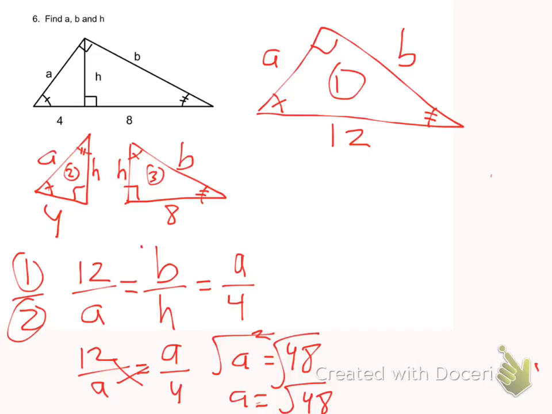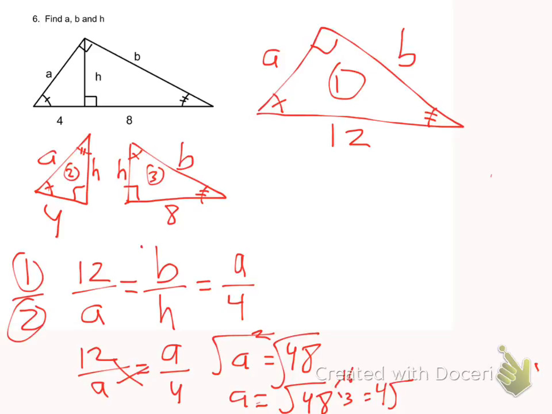And then we have to simplify that. Is 48 divisible by 4? Yes. What would that be? 4 and 12? Or is there some bigger number? 16. Does 16 go into those? What if I did that instead? 16 and what? 3. 16 is made up of 4 and 4, right?